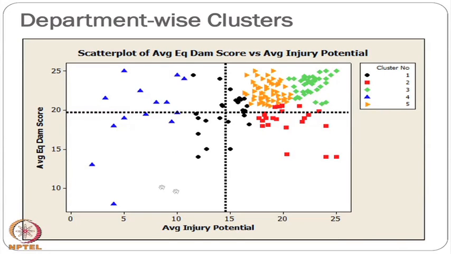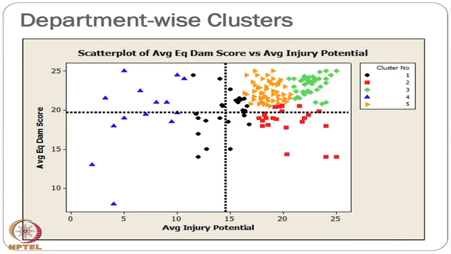Now, see the plot. If I see the average injury potential, equipment damage score, and the membership cluster number, you are getting this type of picture. But please remember what is happening here: there is so much overlap, and it is quite obvious, because you may not get crystal clear demarcations unless the departments are such that there is a distinct difference.